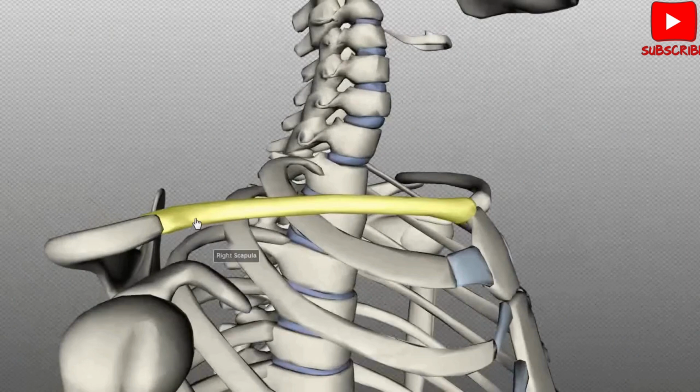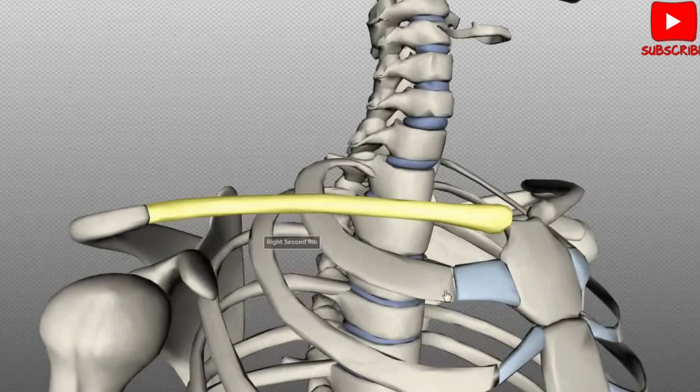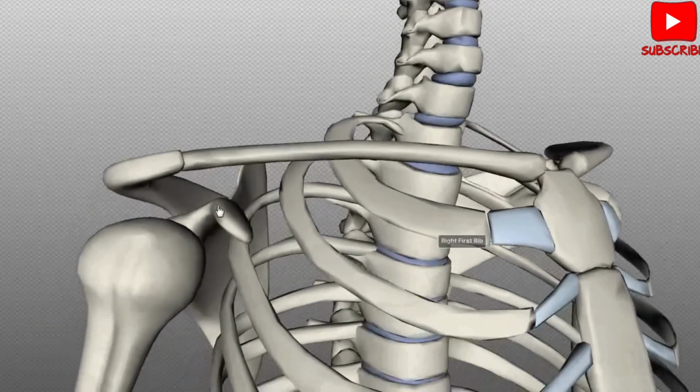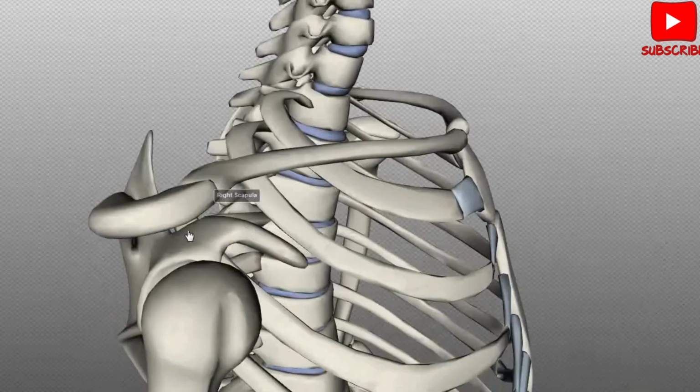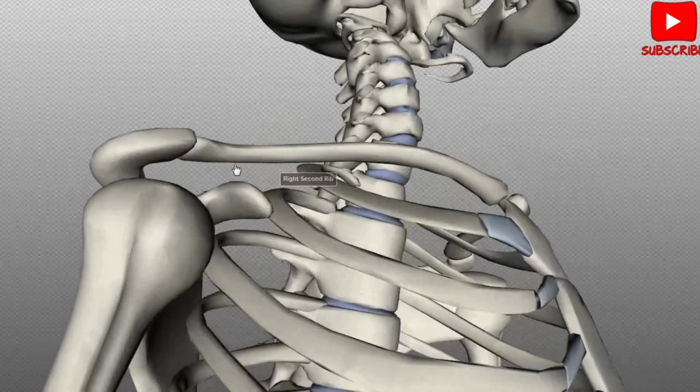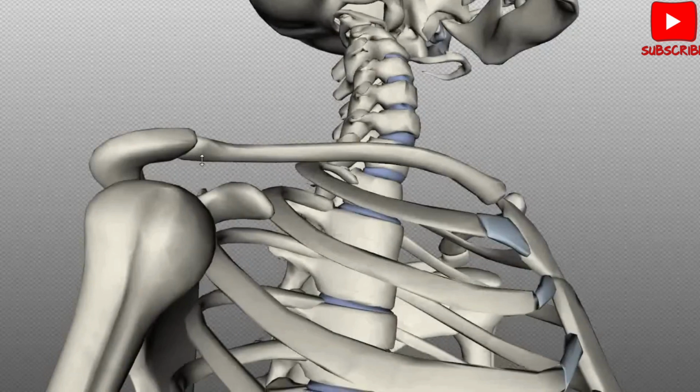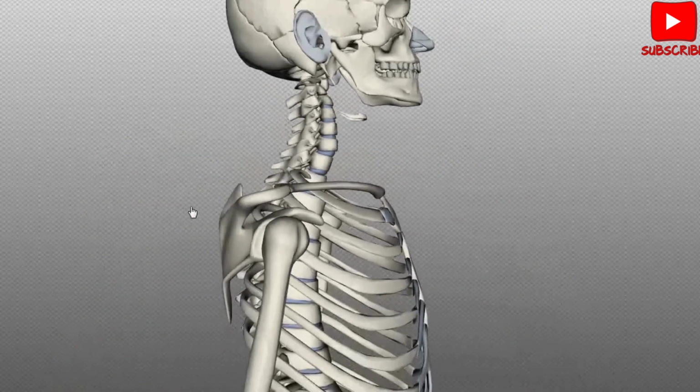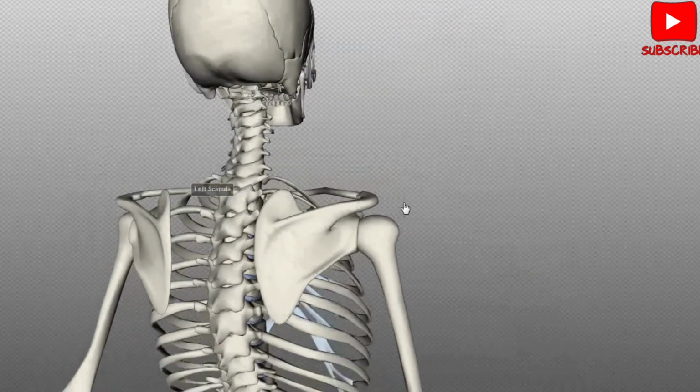So coracoclavicular, it runs from here to here. The coracoid process is this bony outgrowth of the scapula, which I'll come on to talk about in a minute. But just be aware of this conoid tubercle on the underside of the clavicle. So just rotating around, we'll take a look at the scapula now.